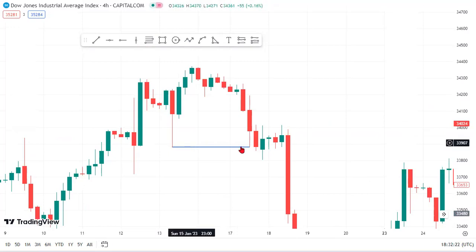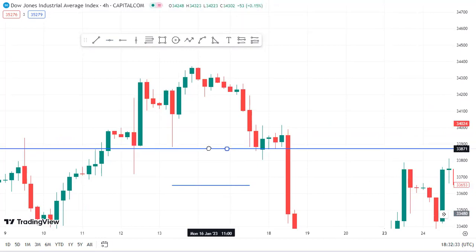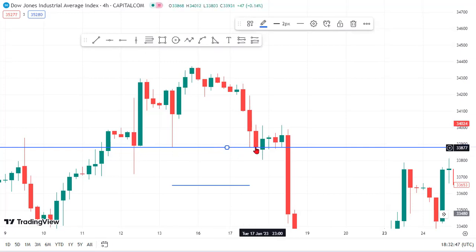Let's use a horizontal line so that you can see if the market broke your zone or it didn't. The market didn't actually break your low with that. It just broke it after, then came back down.